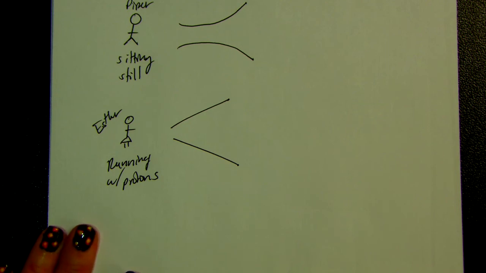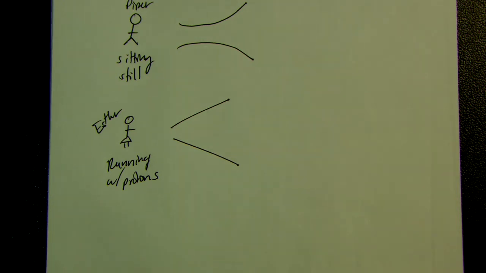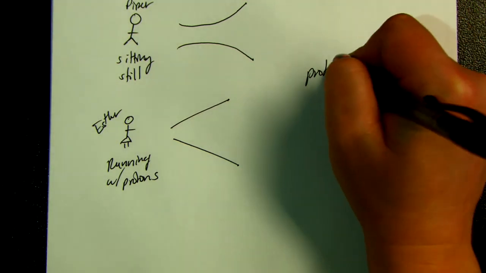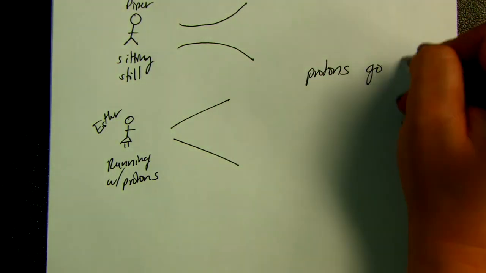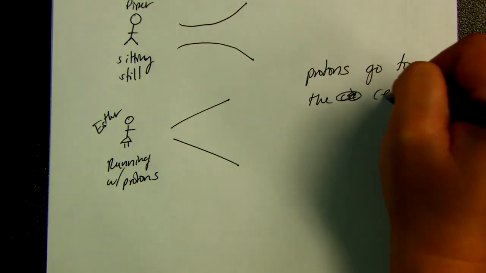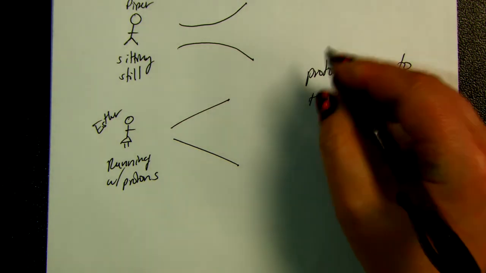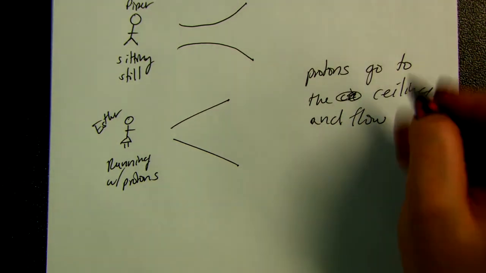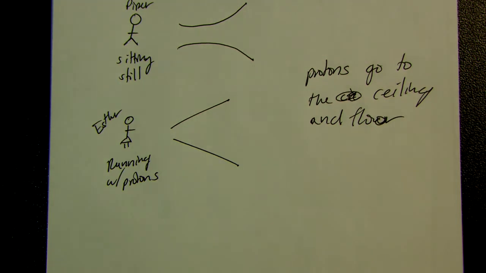So from her perspective, because she's running along with them, they might as well be at rest. So in both cases, the protons go to the ceiling and floor, assuming they're in a room. Oh my goodness, I can't even spell floor today.